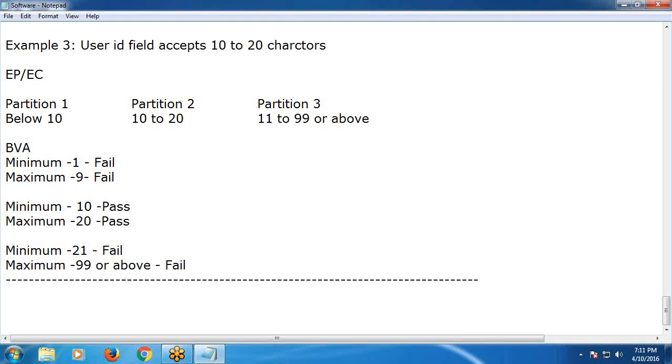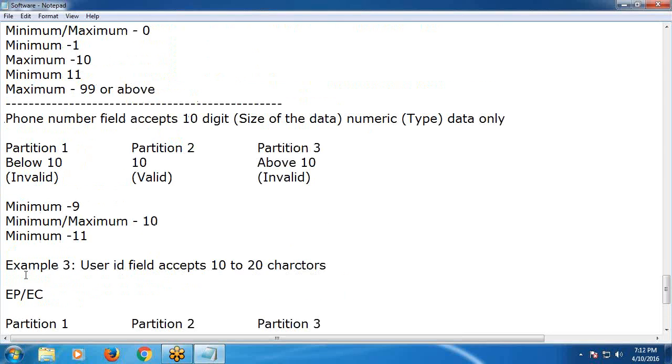Sir, in example 2, how could the minimum value become 9? Below 10 means, suppose a phone number is 10 digits. Here minimum and maximum are 10 digits only, fixed, no range. Below 10 means how many digits? 9.